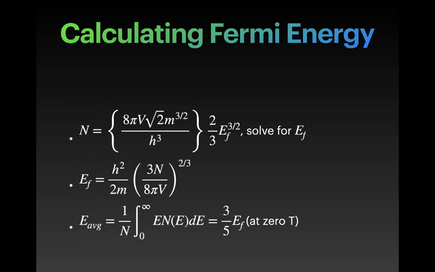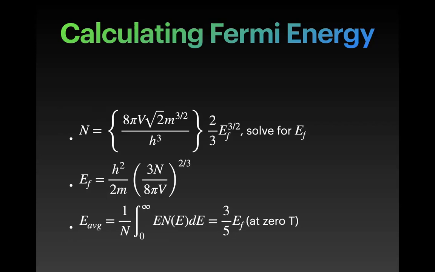I didn't animate this one, but we just copy that equation over again with the stuff spelled out, and solve that for E Fermi. That gives us these constants, and all it depends on is the mass of the particle.